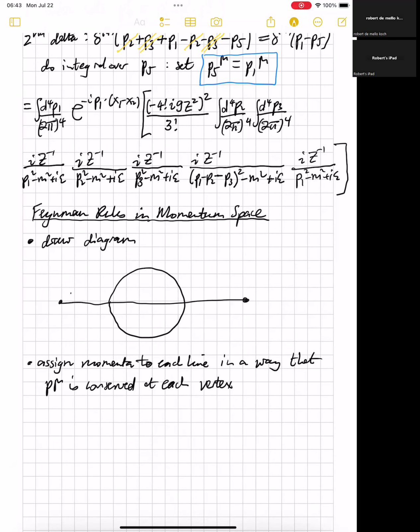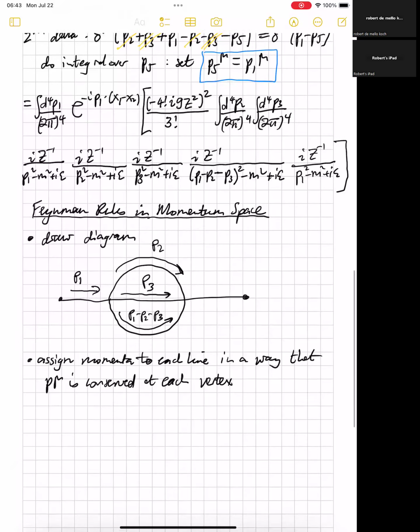So we'd start off, well, we can give this line over here p1, that line over there p2, and this line over here p3. But now we're not free to specify the last momentum at this vertex. That follows by energy momentum conservation. We've got p1 flowing in, p2 flowing out, p3 flowing out, so flowing out over here has to be p1 minus p2 minus p3.